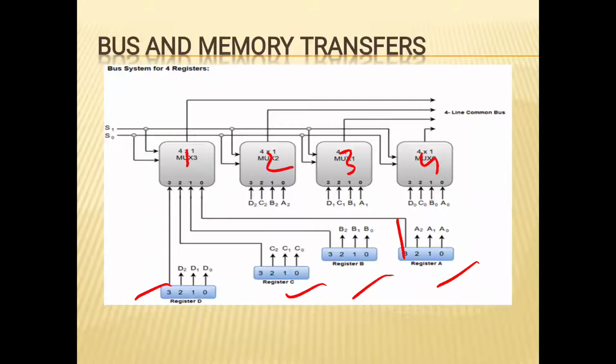It means the third pin is connected with register D, and the third pin of this multiplexer D2 is connected with D2, D1 connects with D1, and D0 connects with D0. It means whenever the selection lines select the 1, 1 input, it selects the register D data on the bus.